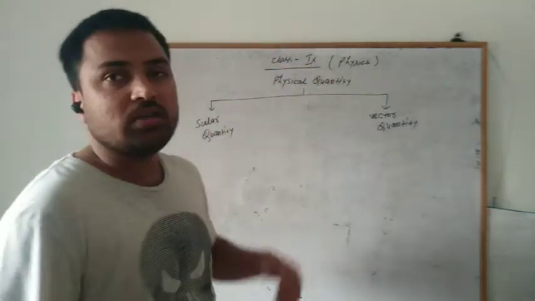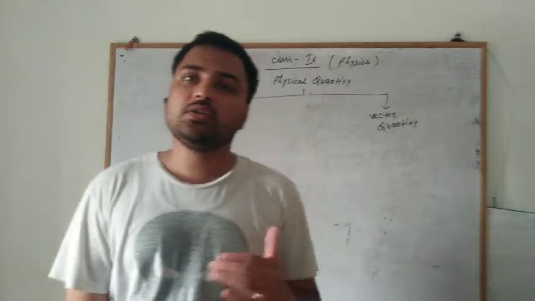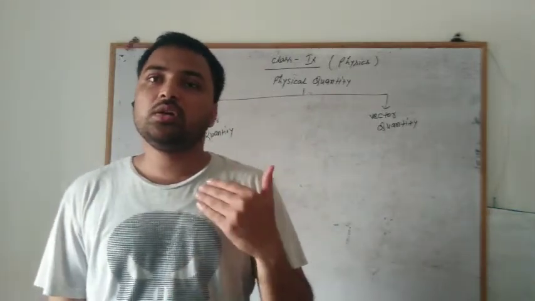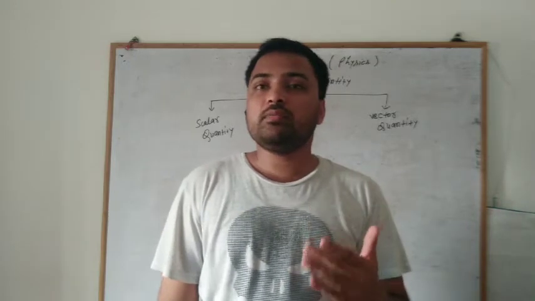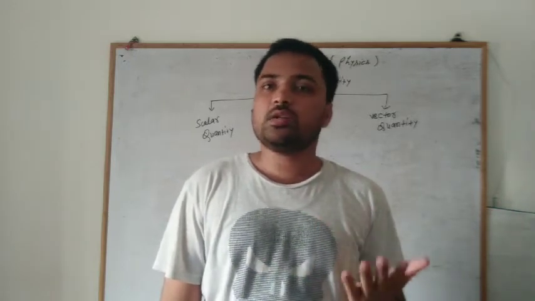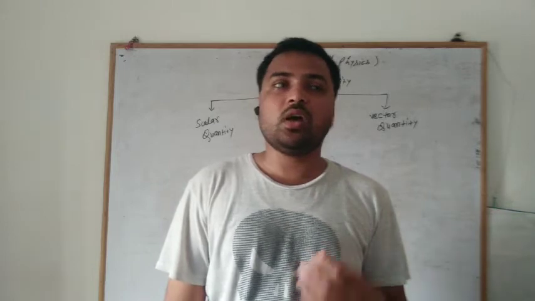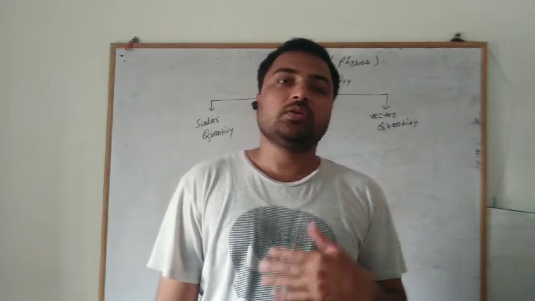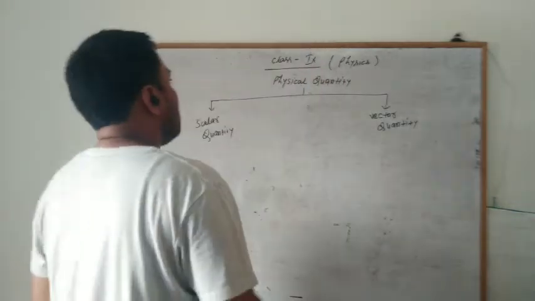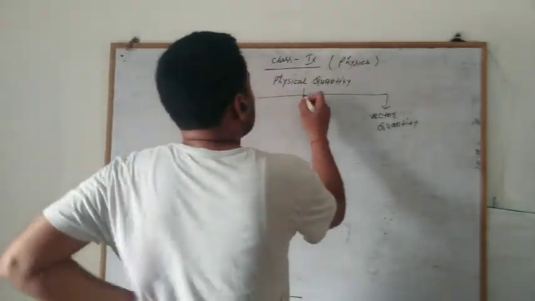So what is a physical quantity? In physics, physical quantities are those quantities which can be measured, or which are capable of being measured, right? So we can define that physical quantities are those quantities which can be measured. Okay, so here I am writing the definition.